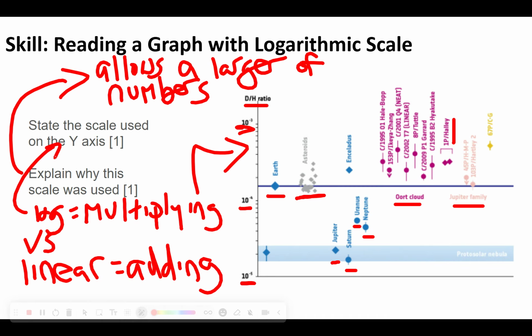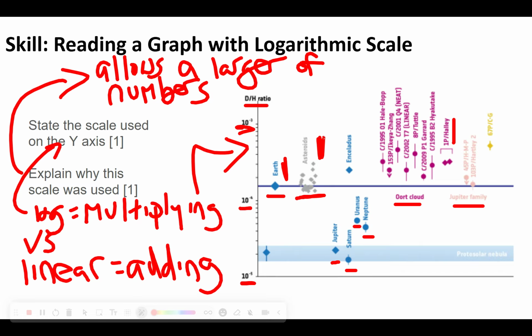Other than that, there's not so much. I don't think you need to know deep information about how to look at a log scale. When you look at this particular log scale, you will notice that Earth and these asteroids all have similar deuterium to hydrogen ratios. We'll talk about that in the points of information.